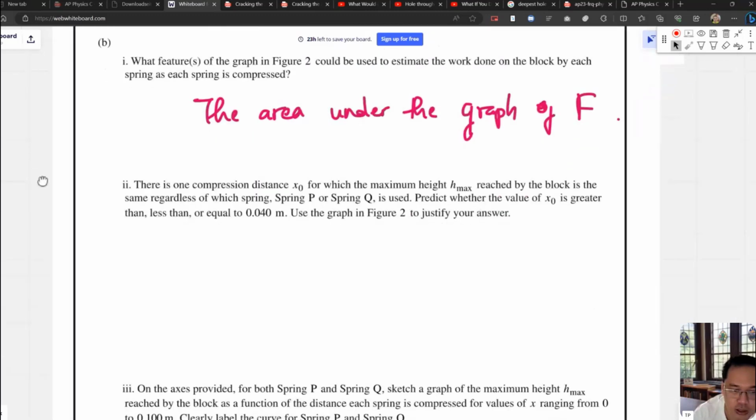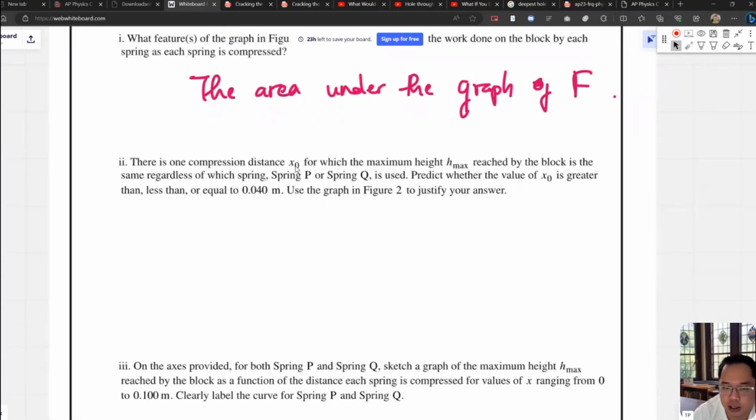Question 3. There is one compression distance x0 for which the maximum height reached by the block is the same regardless of which spring, P or Q, is used, meaning the areas must be the same. Predict whether the value of x0 is greater than, less than, or equal to 0.04. Use the graph to justify your answer.